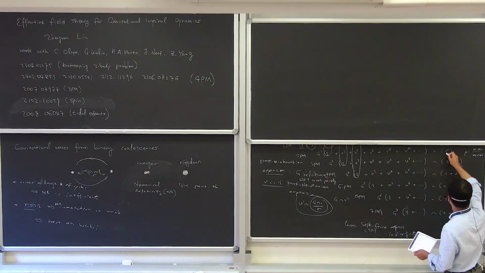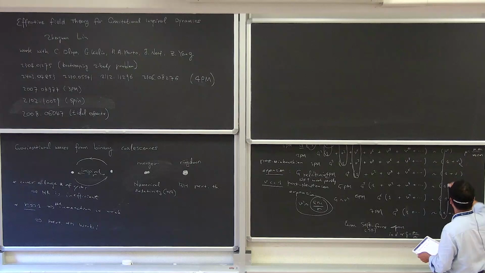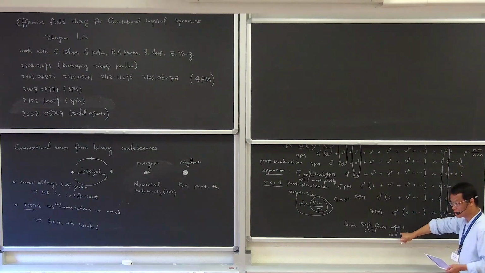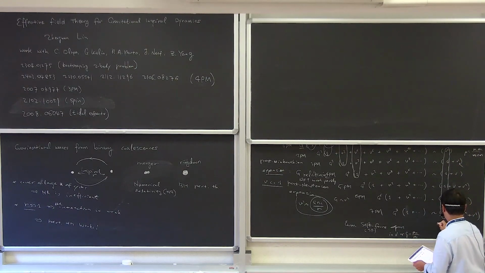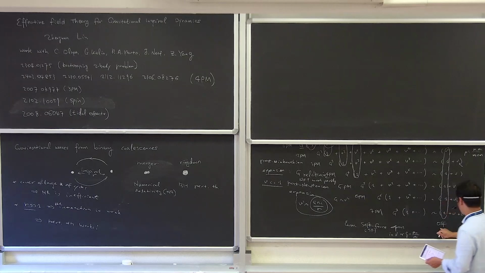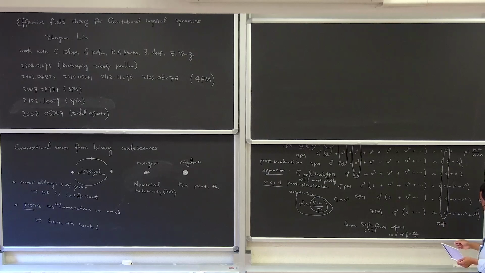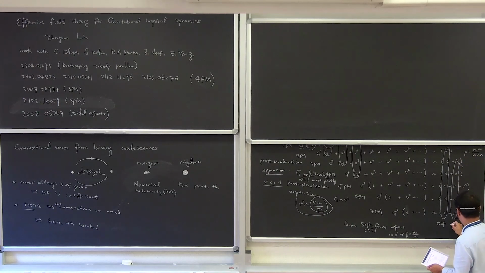We call the leading order in the self-force expansion 0SF. It just describes the geodesic motion of a small body moving around the Schwarzschild metric. And the first correction in nu is called 1SF. This is 2SF, 3SF, and so on.